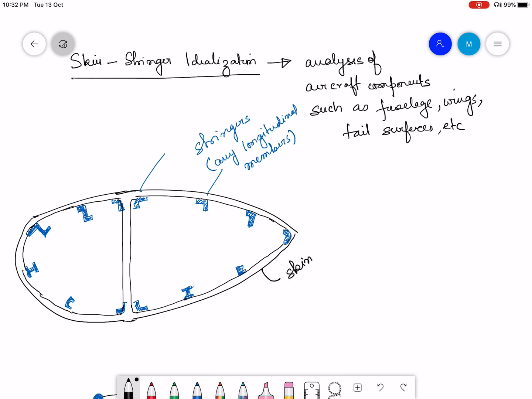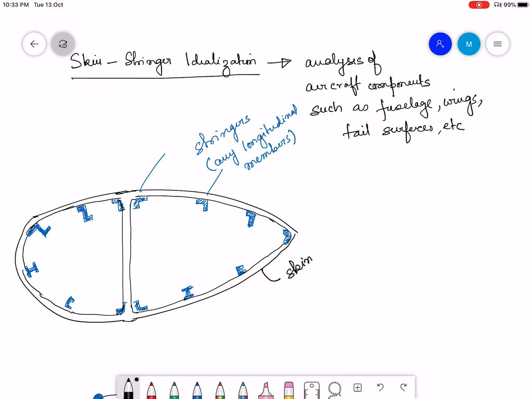If you remember what we talked about in our first few lectures, this is what the cross section of an aircraft component looks like. It has a thin skin which is stiffened by longitudinal members and also transverse members like ribs and bulkheads, which I have not drawn.